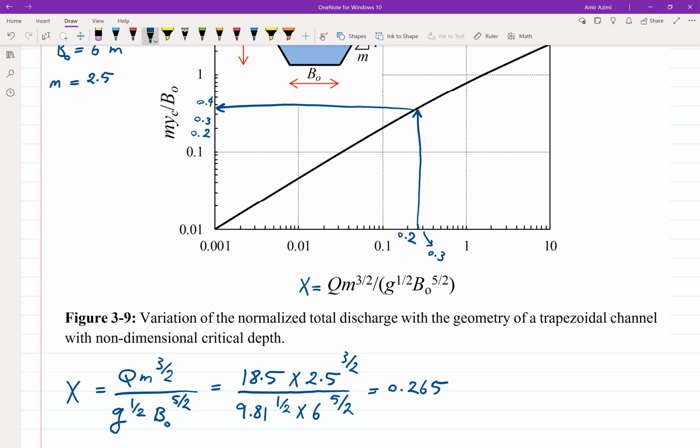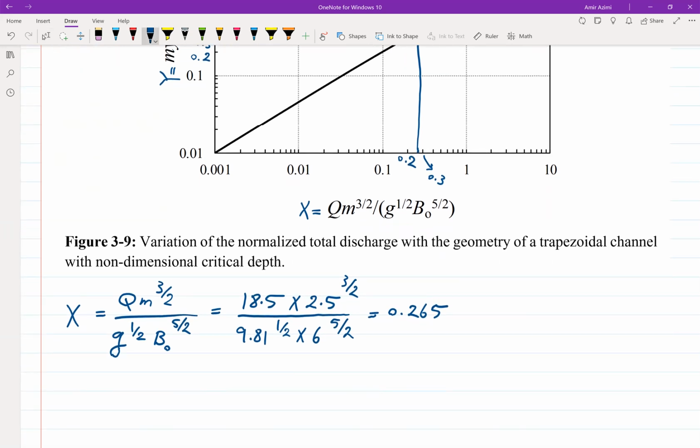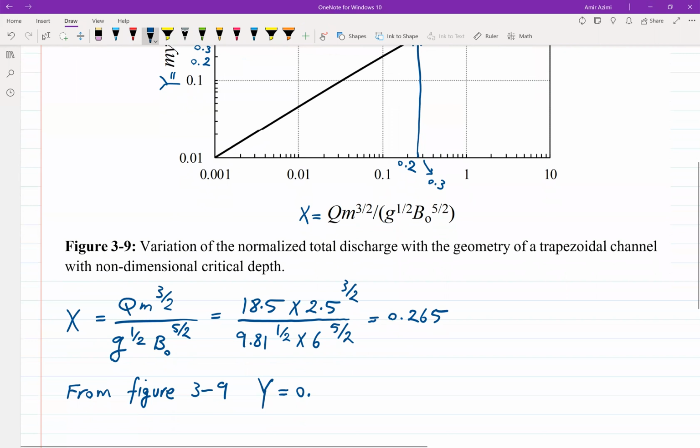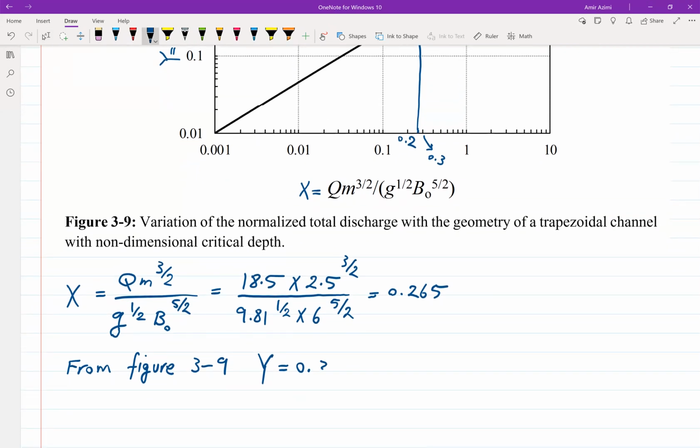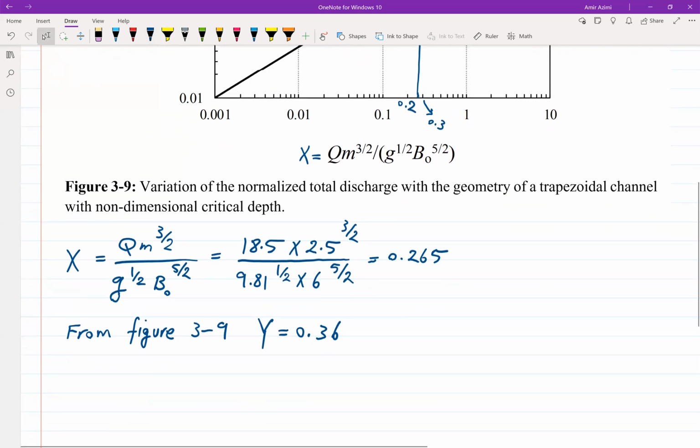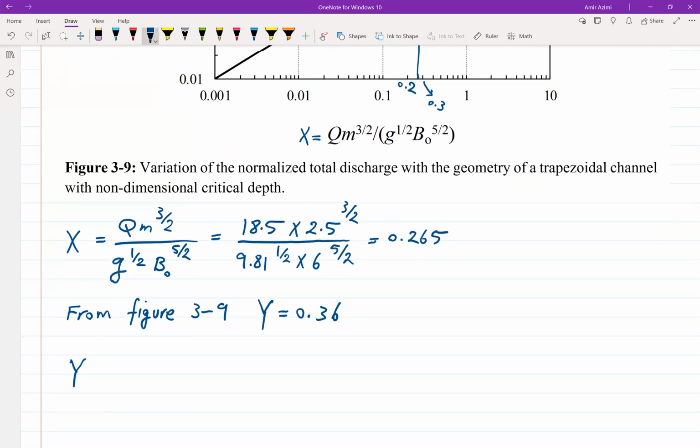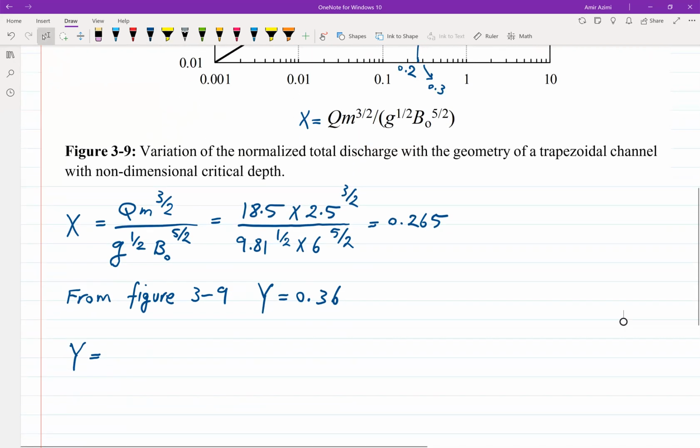So let's say that the vertical axis, which is y, from figure 3-9, y is equal to, we should say, 0.36. Okay, so y is equal to m yc divided by b0.